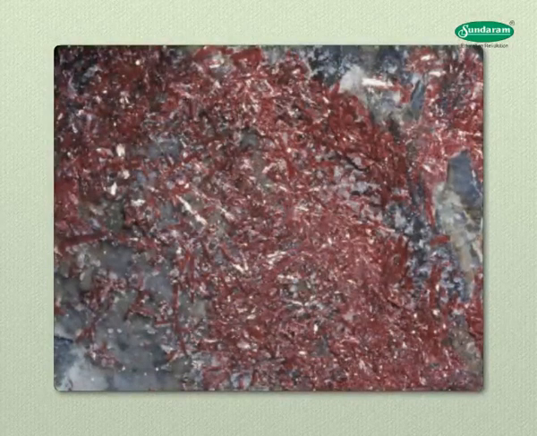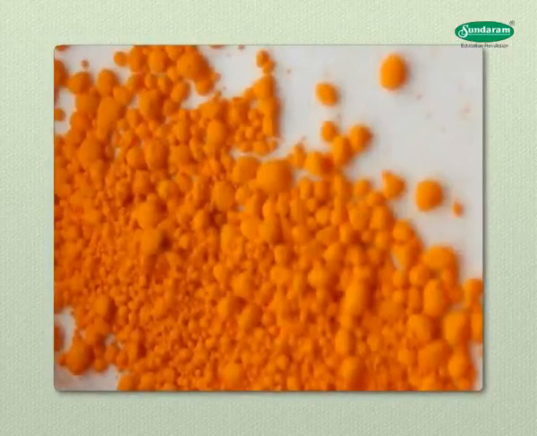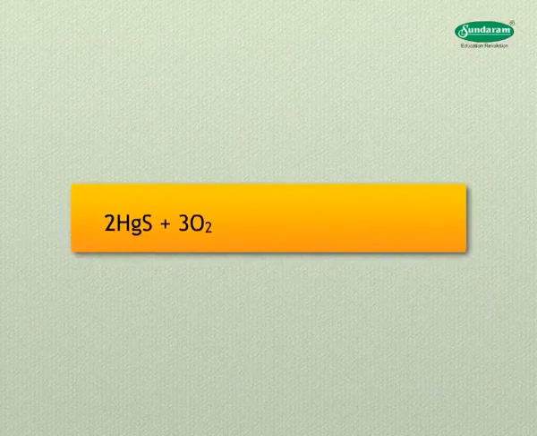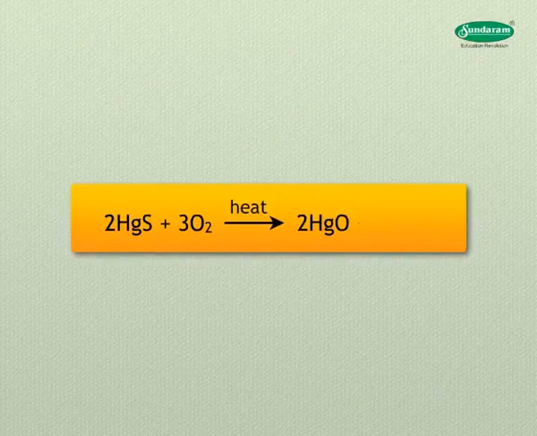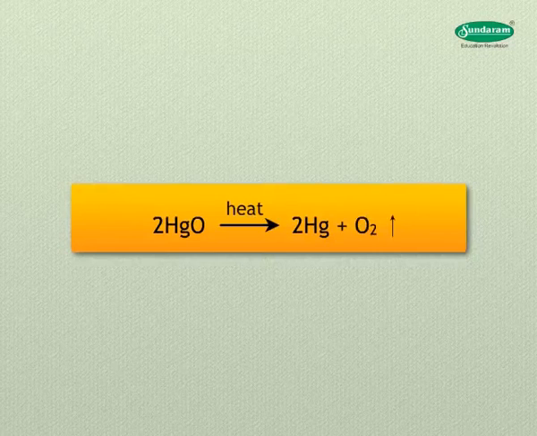When it is heated in air, it is first converted into mercuric oxide, HgO. Mercuric oxide is then reduced to mercury on further heating. 2HgS plus 3O2 when heated gives 2HgO plus 2SO2 gas is evolved. 2HgO when heated gives 2Hg plus O2.